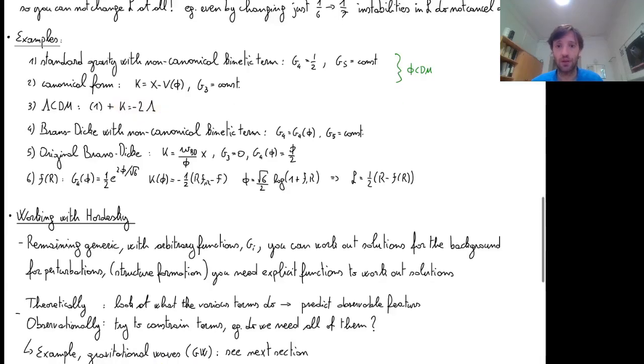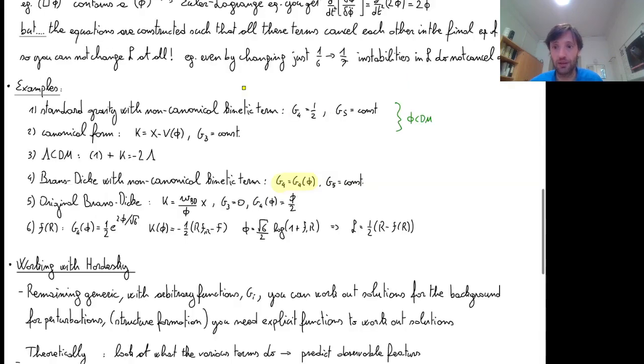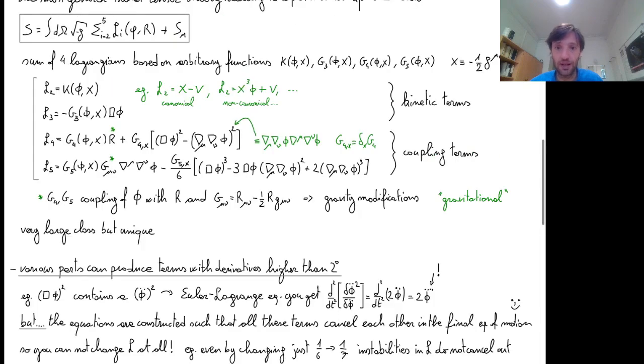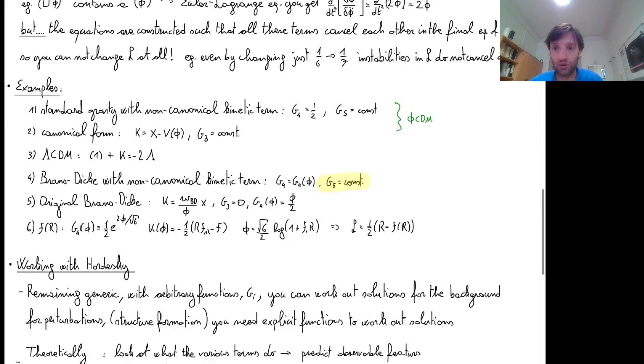Okay. If you want Brans-Dicke theories, which might contain a non-canonical kinetic term, you just have that G4 must be only a function of phi, so G4 would not contain the kinetic term, and G5 should be a constant. Then you recover Brans-Dicke. If you want the original Brans-Dicke theory, meaning with a canonical Lagrangian for your fluid, then K must be equal to that, G3 must be equal to that, and G4 must be equal to that.